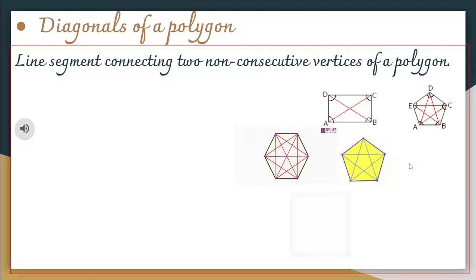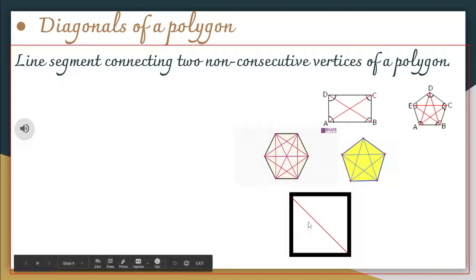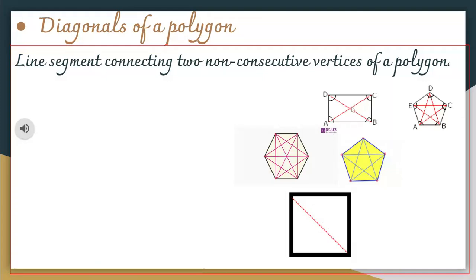Now, a polygon can have multiple diagonals, depending on how many sides the polygon has. That is, a polygon which has 4 sides has a lesser number of diagonals than a polygon which has 10 sides, because more sides means it would have more vertices.